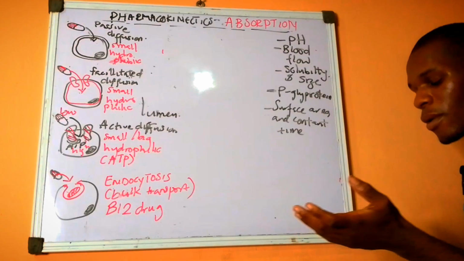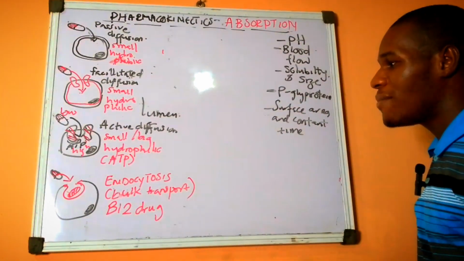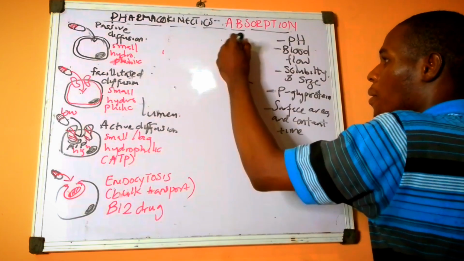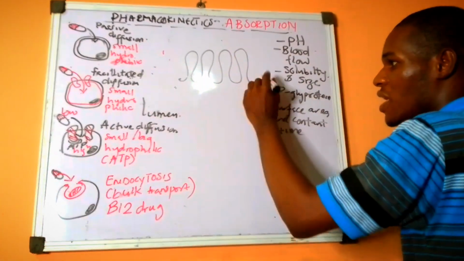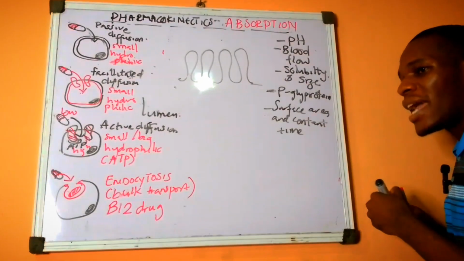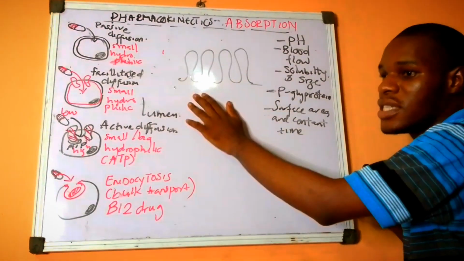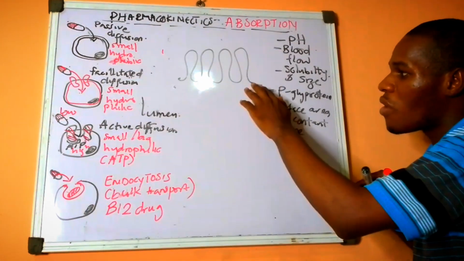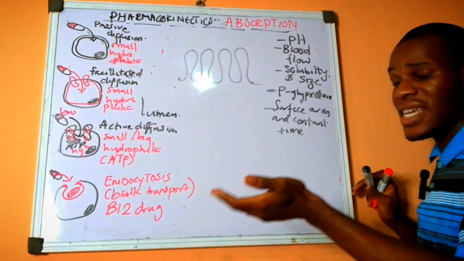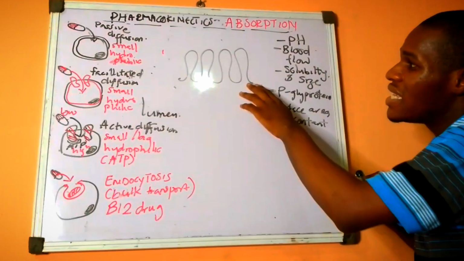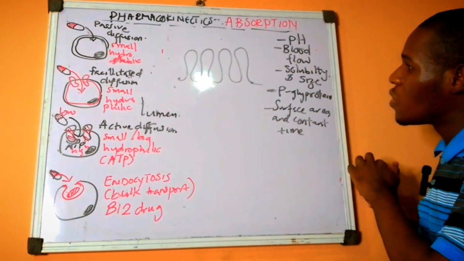Of course, we know from our GIT physiology that the small intestine is lined by microvilli or villi that increase the surface area for absorption. If there's a disease condition like IBD, inflammatory bowel disease, an inflammation or a disease condition that affects the small intestine or any part of the GIT that is necessary for absorption, it can decrease the absorption of drug.